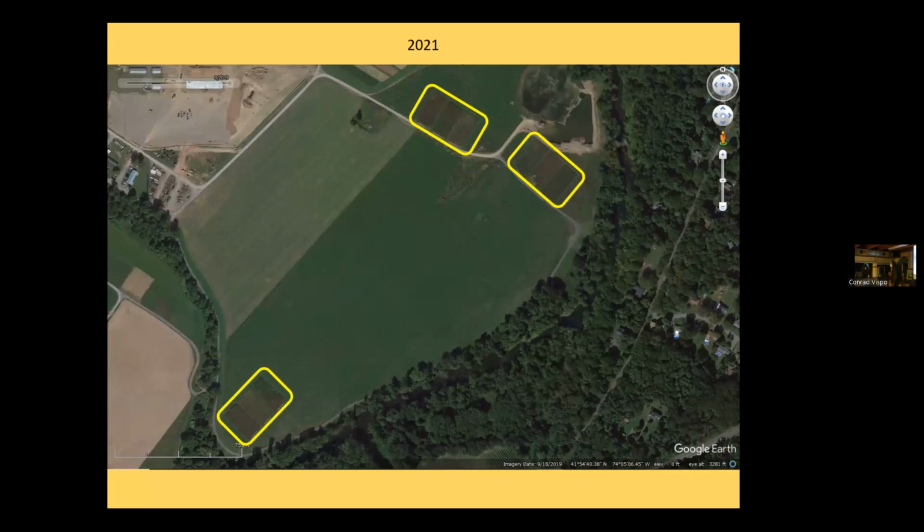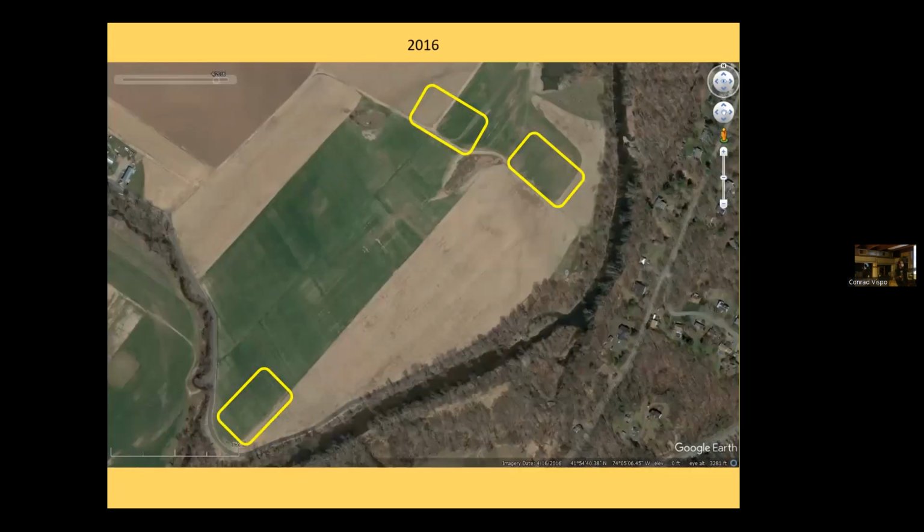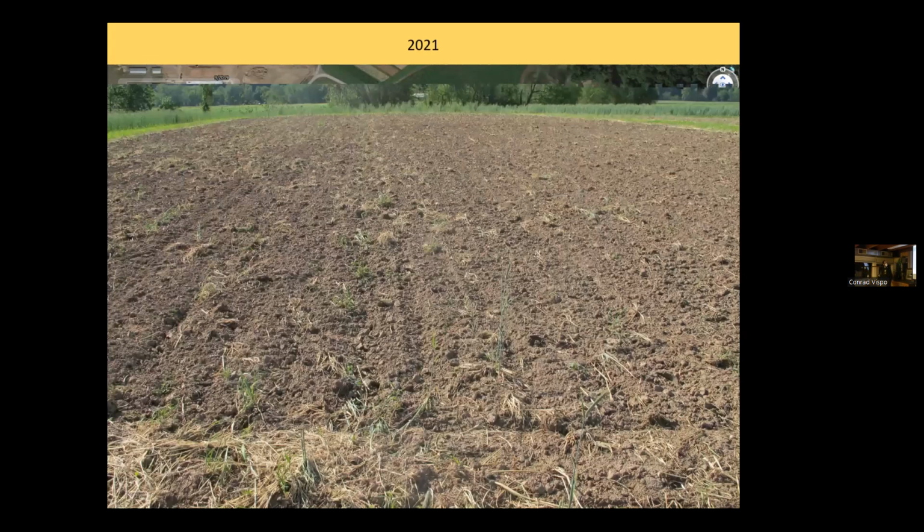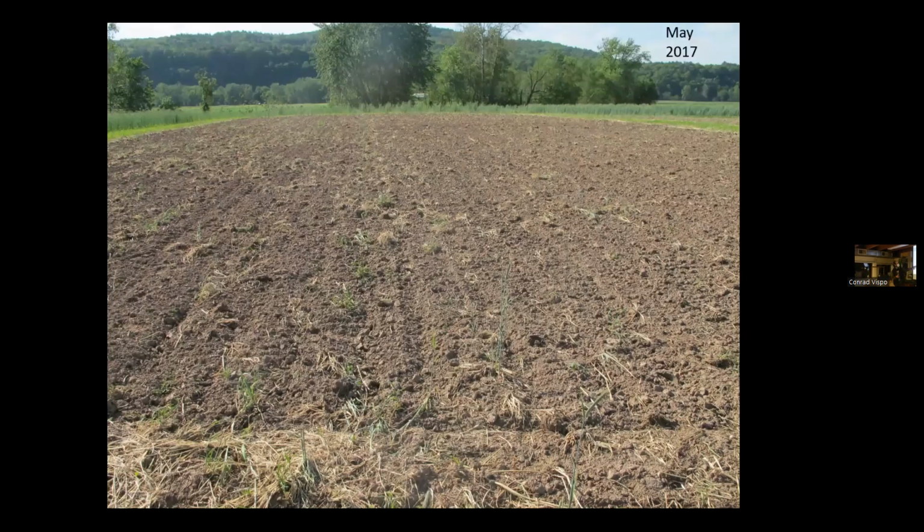And those are our native meadow trials. Those are half-acre plots that have been seeded. One is in wildflowers, one is grasses, one's a control, and that's just repeated. That's a whole other talk. So all I'm going to say is that these patches went from being in crop field in 2016 to going into these unplowed, seeded areas in 2017. That's what it looked like just as it was getting prepared.